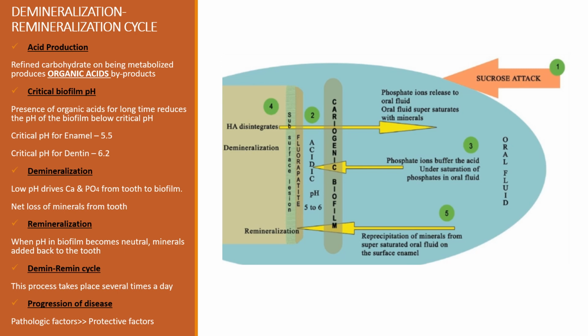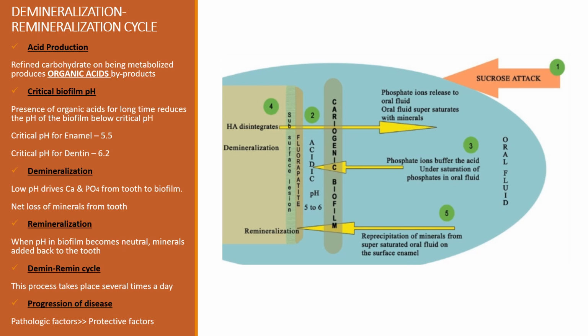So then these minerals, calcium and phosphate, are added back to the partially demineralized enamel. This particular process is known as remineralization. This process takes place several times a day over the entire lifespan of a tooth, and there are various factors modifying it. It can be oral hygiene, diet, dental anatomy, use of fluorides, salivary flow, etc.